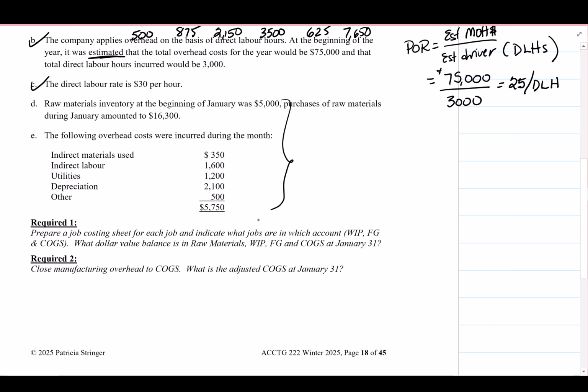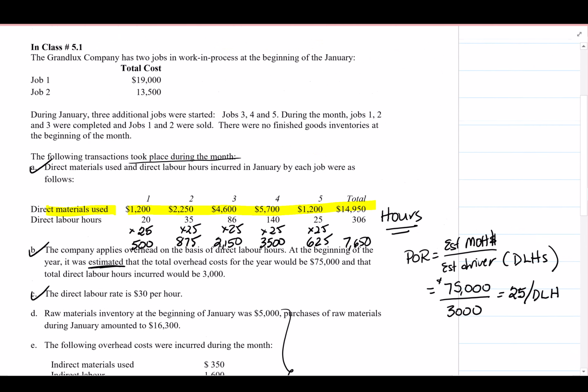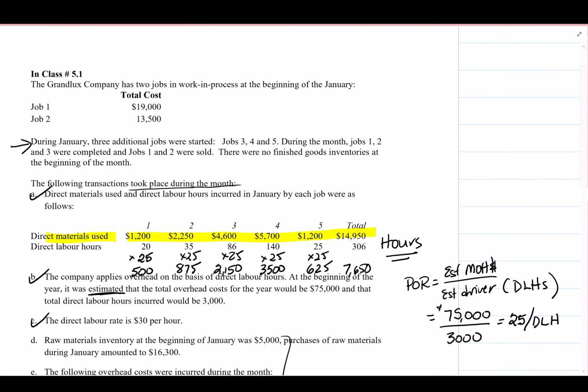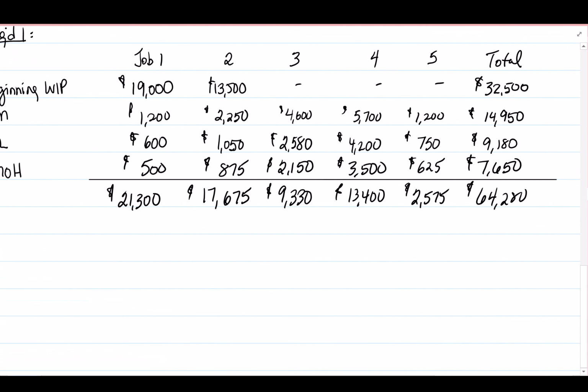All right, so we've done a job costing sheet for each job. We've come up with a cost for each job so far. So let's see where they are. At the top here it says, during January, 3 additional jobs were started. Great, we've accounted for 3, 4, and 5. During the month, jobs 1, 2, and 3 were completed, which means if they're completed, they come out of work in process and they go to finished goods, correct?